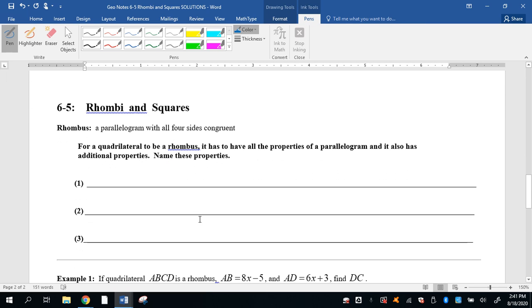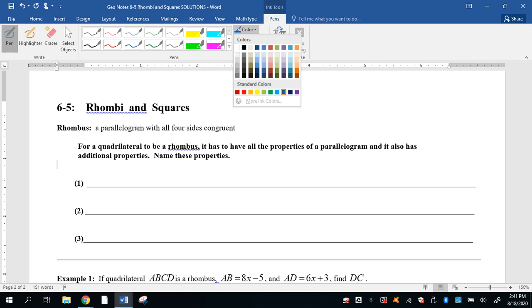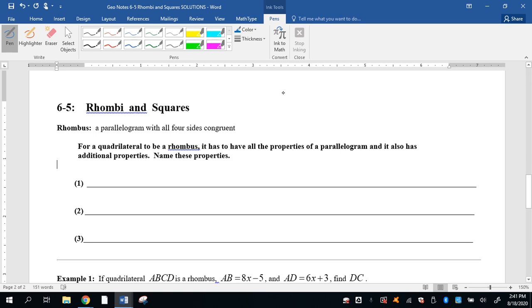A rhombus, by definition, is a parallelogram and the 4 sides are congruent. So that is the definition. 4 congruent sides.